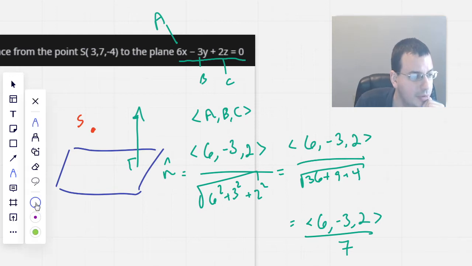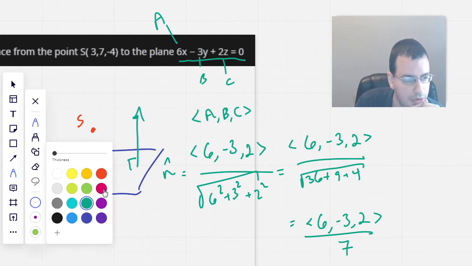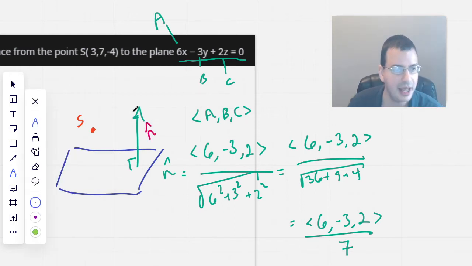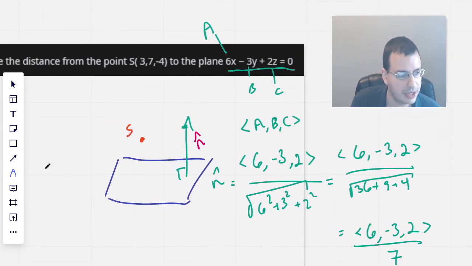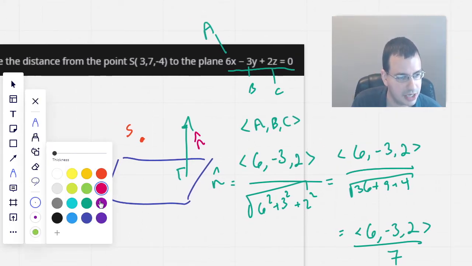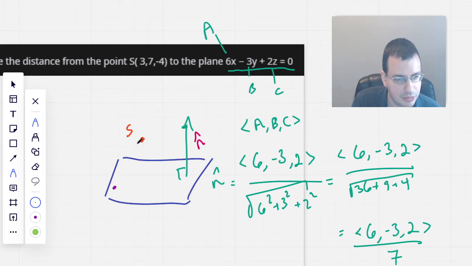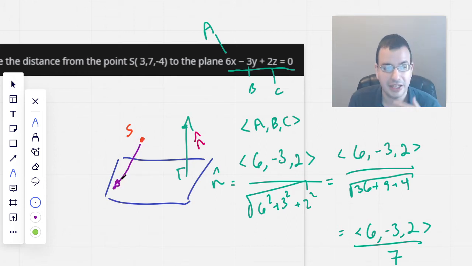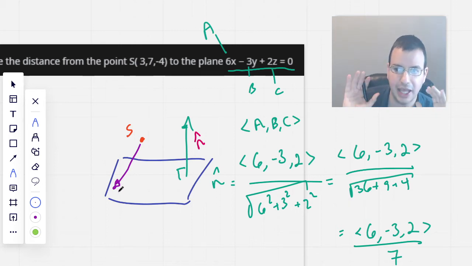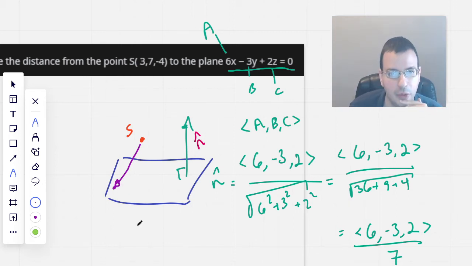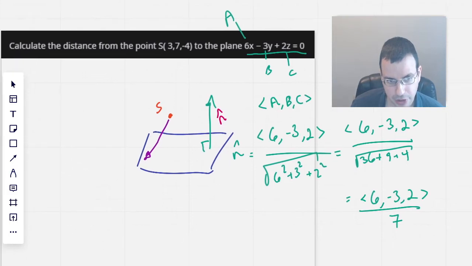All right, so now we have our normal here. Now I'm going to make another vector, a vector from point S to any point on the plane. I can choose any point on this plane to do this, and I'm just going to choose the easiest one possible.